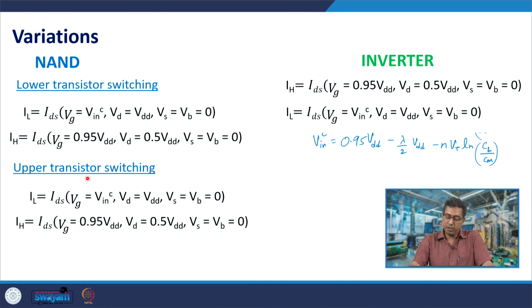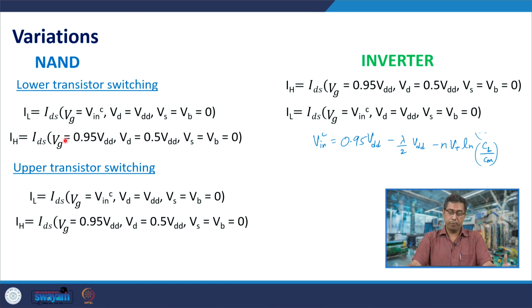Likewise, suppose the threshold voltage changes. We know the current relationship with threshold voltage, and therefore how much a change in threshold voltage is going to change the value of logical effort can easily be computed. Likewise, suppose there is a variation in the value of mobility. With mobility, we can compute how IH and IL change, and thereby we can compute the change in logical effort.